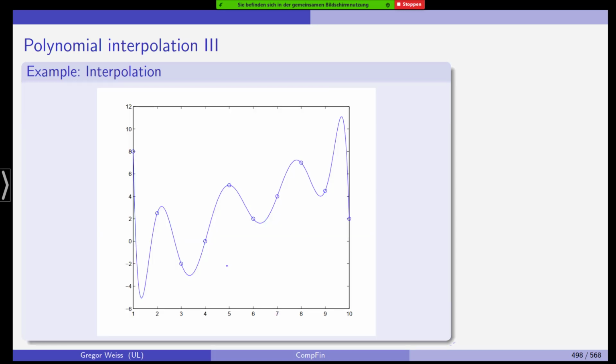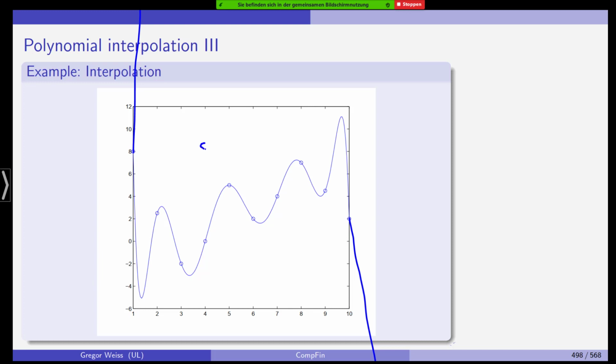As you can see here, we now have 10 different points, and especially at the boundaries, it oscillates extremely, goes up and down close to infinity. So this is the interpolating polynomial. If you use more nodes, it will be a polynomial of higher degree and it will oscillate even more.